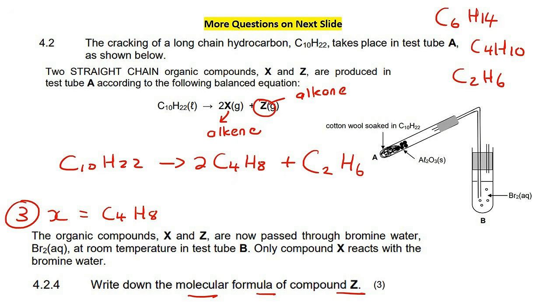I'm not going to go too much into this, but there are some of you that might say, well, if this one is C5H10, then that could work if this one is just going to become H2. I hear what you're saying, but they said that the two products, X and Z, are organic compounds. Organic compounds contain carbon. So this wouldn't be an organic compound. Okay, so the three answers would be any one of those. You don't have to give all of them, just one of them.